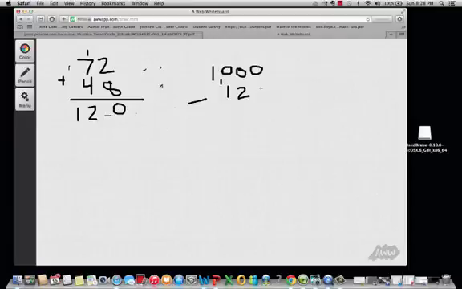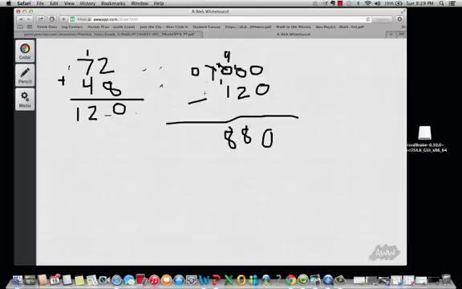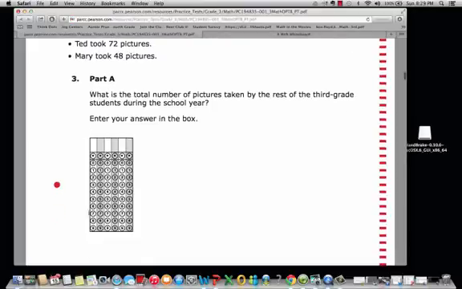A couple of you had issues with lining this up right, and if you borrowed, you didn't mark it, and that came back to get you at 0 minus 0, 0. So borrow 10, 9, 10, 10 minus 2 is 8, 9 minus 1 is 8, 0 minus nothing is 880. So remember, you needed to fill it in with these bubbles down below, 8 here, 8 here, 0 here, and then 8, 8, 0 across the top.